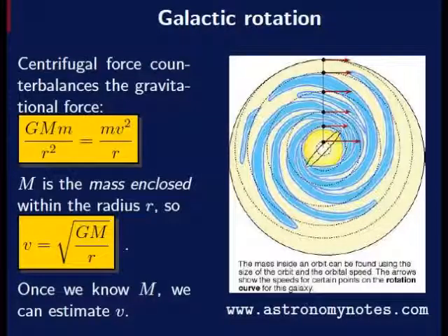It turns out that the whole galaxy is rotating. Then when you deal with rotation and gravity, you have to remember that the centrifugal force has to be balanced by the gravitational force. So you have a simple formula relating the velocity of rotation and the mass of the system.